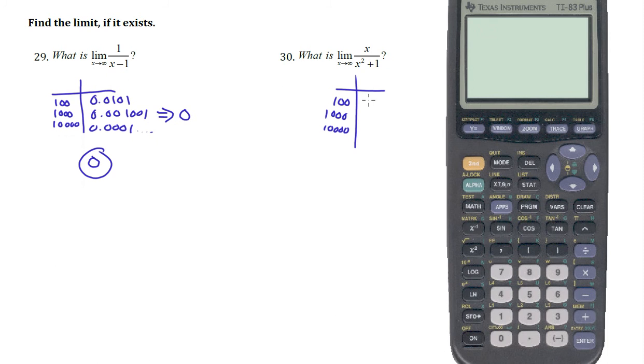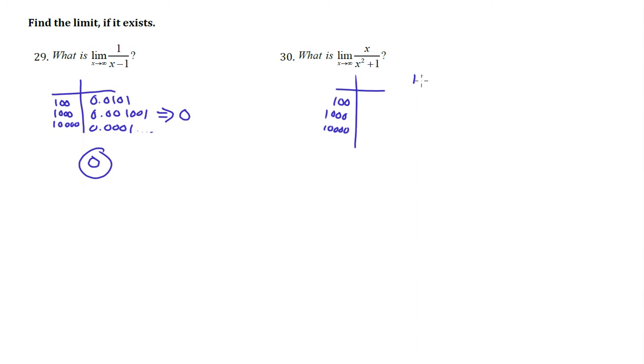So let's just do this in our head. So basically this is going to be 100 over 100 squared. That's going to be a big number, right? So that's going to be what? Let's see, 10,000 plus 1. So that's going to give us a pretty small number, right?